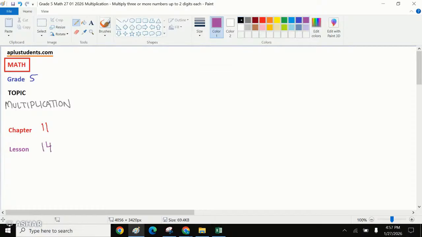Okay, and the name of the lesson is multiply three or more numbers up to 2 digits each.